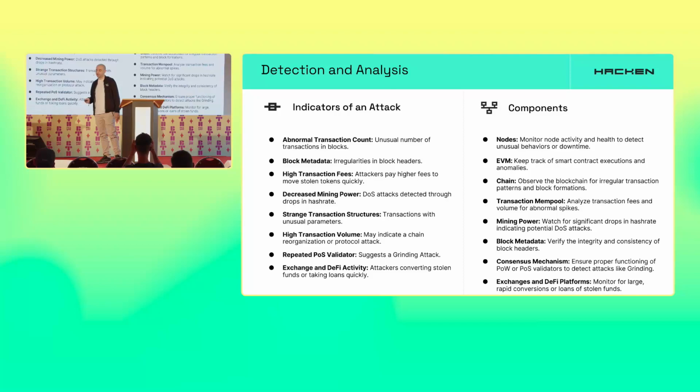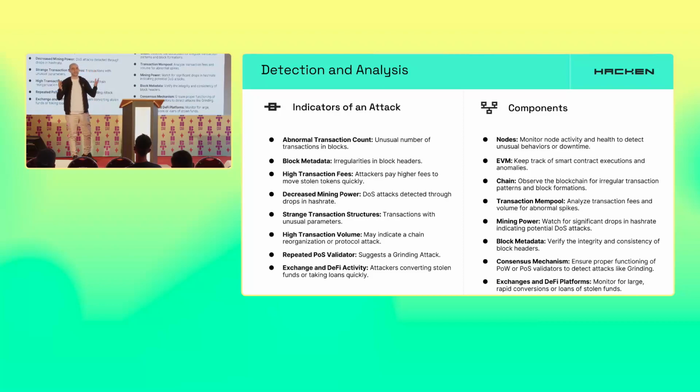High transaction volume, really similar to our normal transaction count. When we have a lot of transactions, of course, this can be because of the market or a lot of things, but it can also be an indicator of an attack. Repeated validator, this actually affects Ethereum. If the same validator is selected in a row, like 2, 3, 4 times in a row, that's pretty uncommon, right?